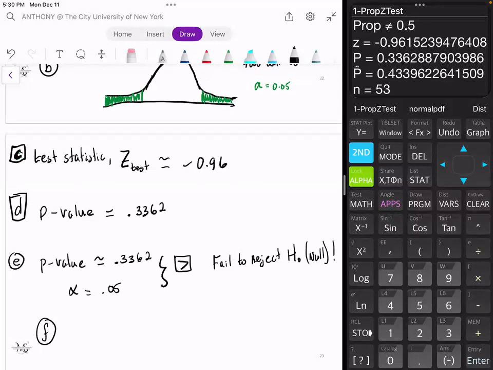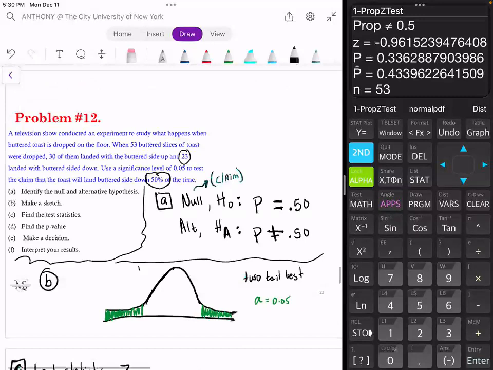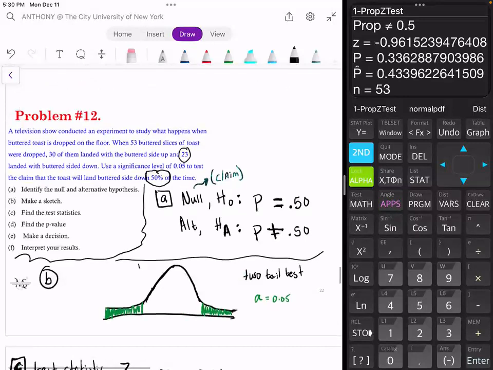The way that we can say our interpretation is that since we failed to reject the null, there is not enough evidence, or sufficient evidence, to support the claim, whatever the claim was. The claim was that the toast will land butter side down 50% of the time.